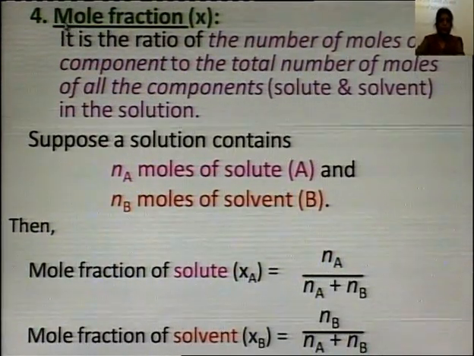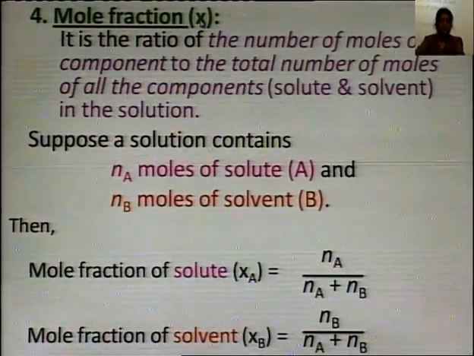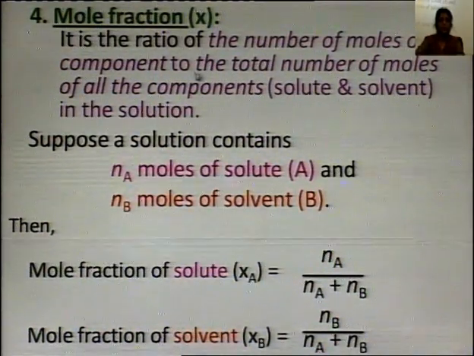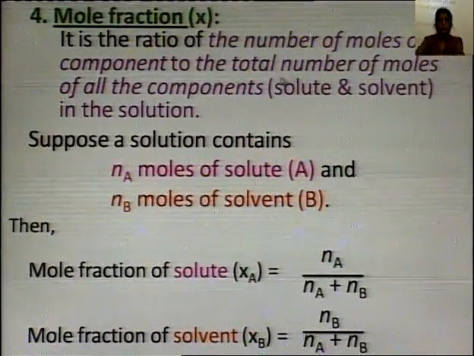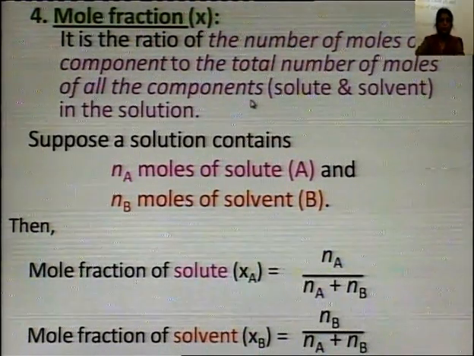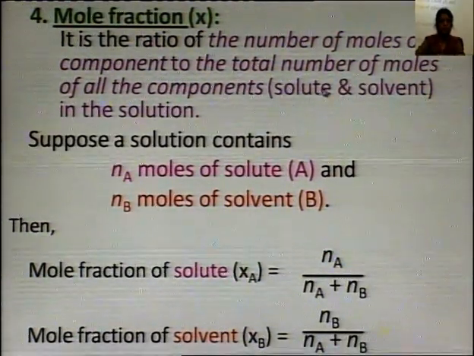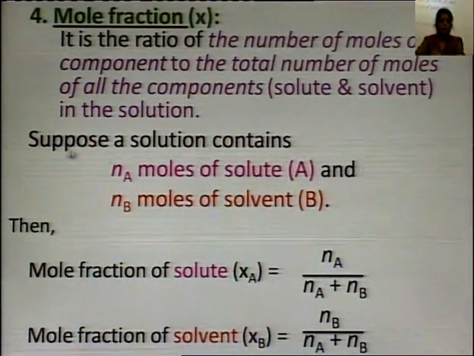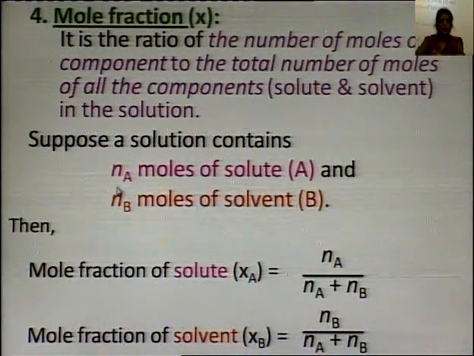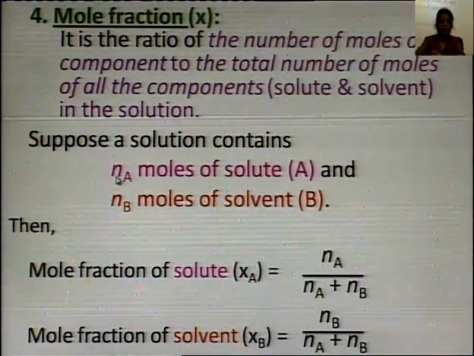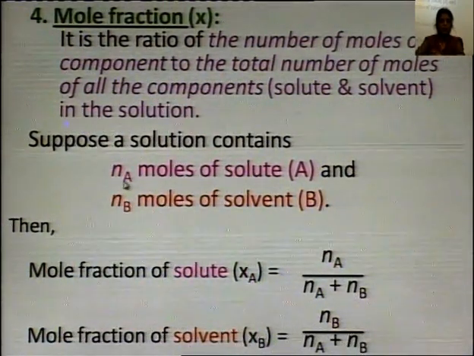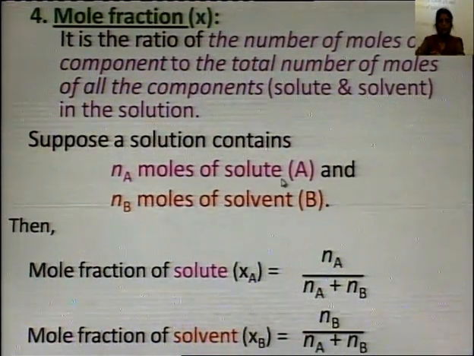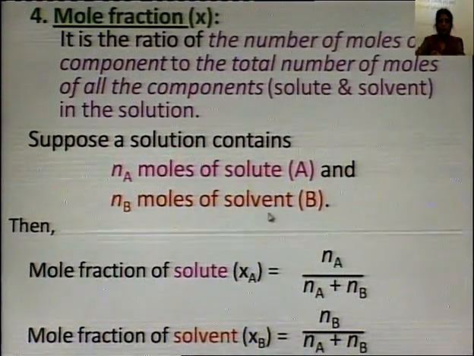So, the next method is mole fraction, represented by small x. It is the ratio of the number of moles of a component to the total number of moles of all the components. For a binary solution, we have only two components, solute and solvent. So, suppose a solution contains Na, small n being the number of moles, A is for the solute, and Nb moles of solvent.